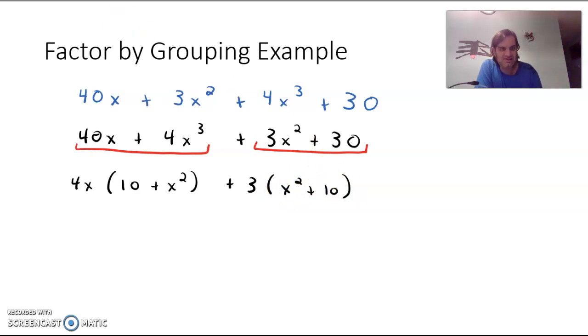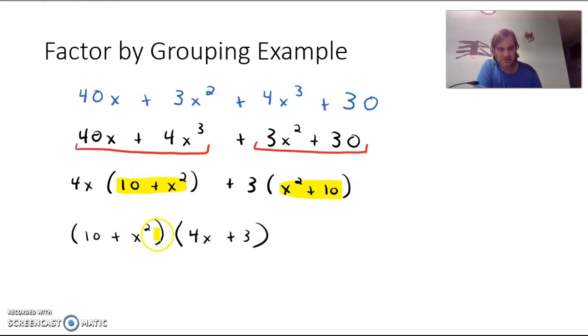So I could rearrange some things there, but what we see is we have a 10 plus x squared and x squared plus 10, which are the same thing in two different terms. So I can pull that 10 plus x squared, or call it x squared plus 10, out front, and that would be times the remaining parts of their factors, which are 4x plus 3.